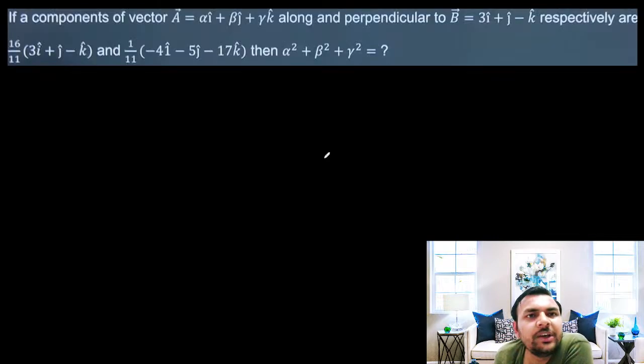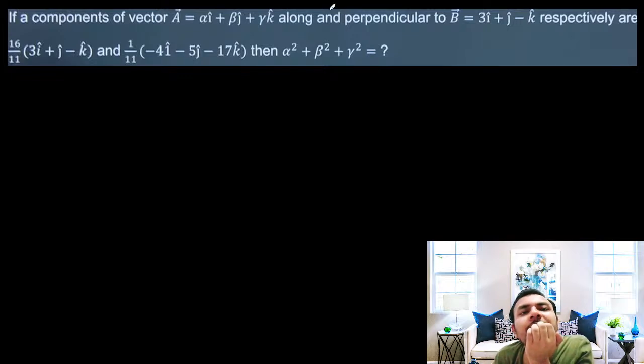If component of a vector A along and perpendicular to B respectively are this and this. So along is this, perpendicular to B we don't know. If we do cross of A and B, we can get B vector.